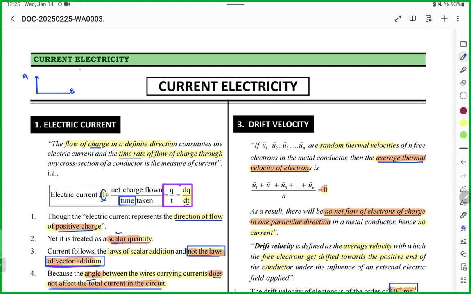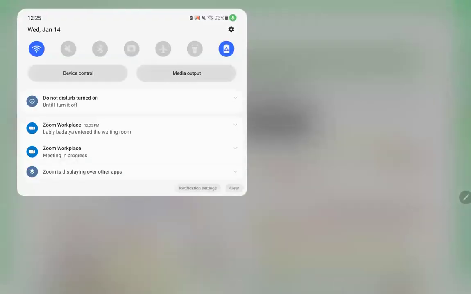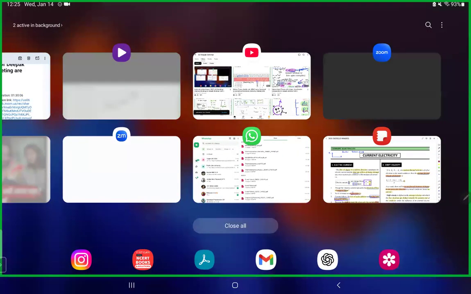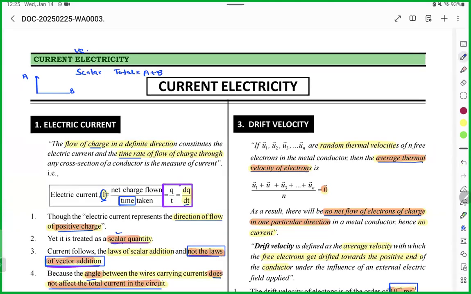In case of a scalar quantity, if you calculate the total, then your total value will be equal to A plus B, simple algebraic addition. If you have vector addition and you want to calculate the total, then it will be the square root of A square plus B square.